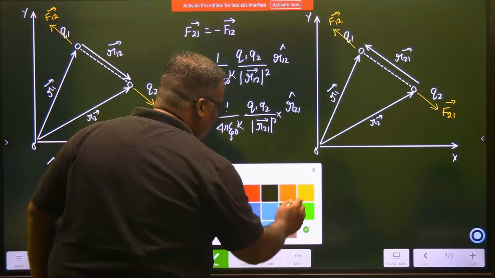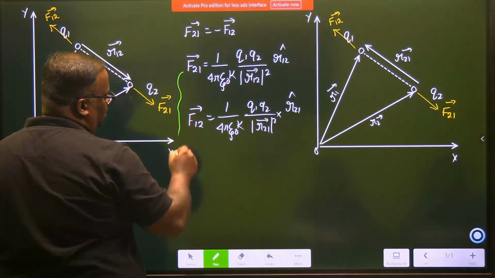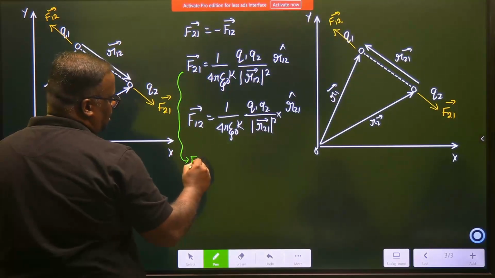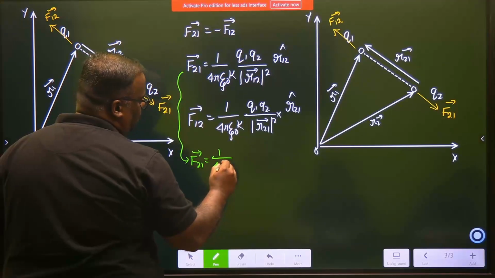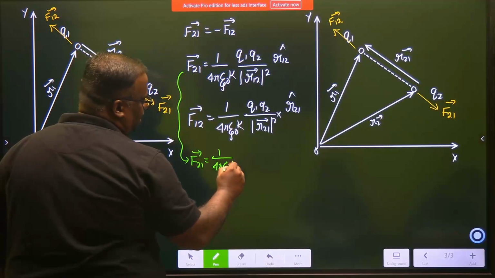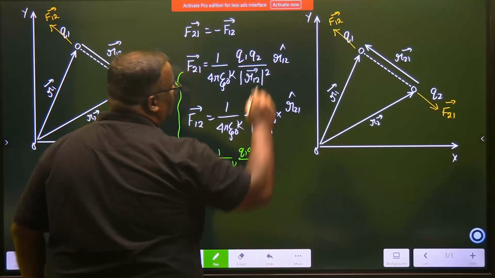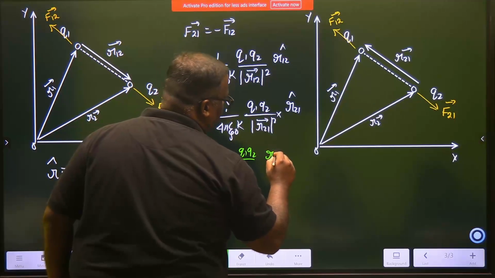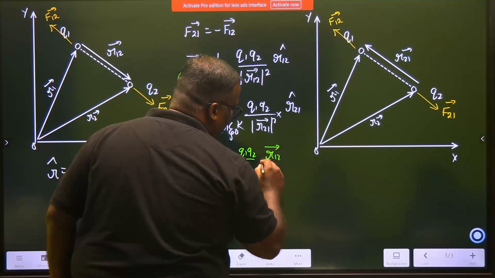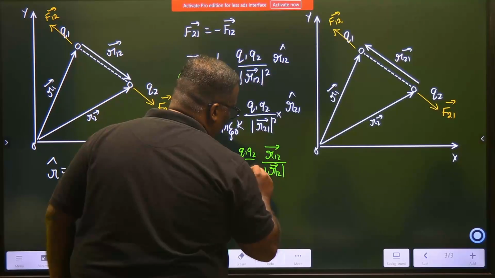Now you can add some more interesting observation to it. If you bring down this statement, it can be written as F21 is equal to 1 upon 4 pi epsilon naught K Q1 Q2 divided by R12 square, multiplied by the unit vector. What is a unit vector? A unit vector is the vector which has been stripped off of its magnitude, and you already had one R12 square here already.